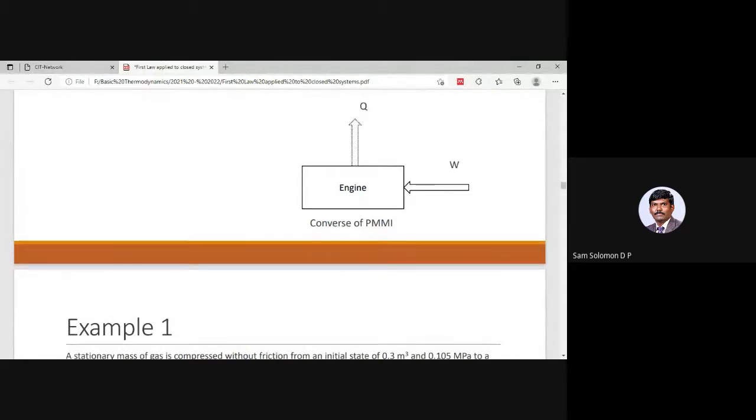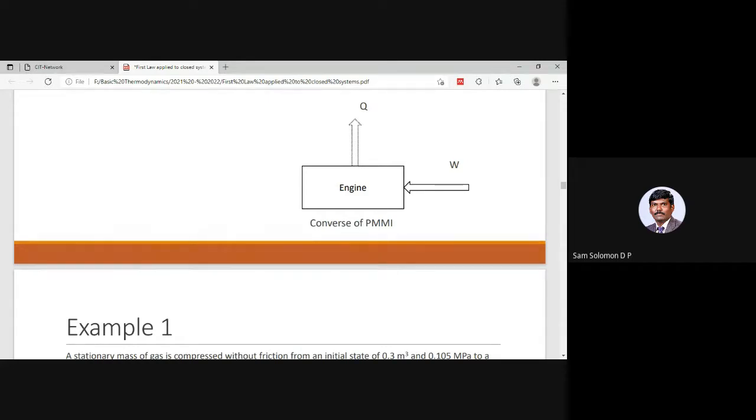After some time, you will smell something. The coil will burn and a burning smell will come. Beyond that, if you are supplying current, the fuse will go off. You are supplying work, but if the intended work is not achieved, then at least the heat energy will go up.